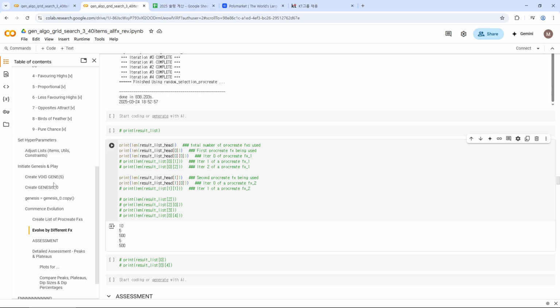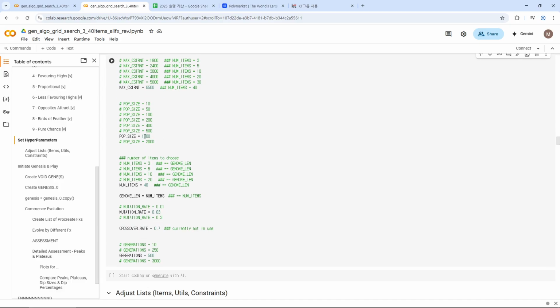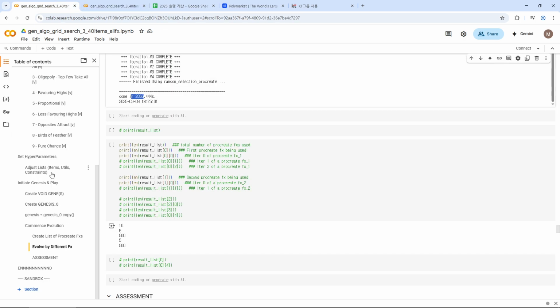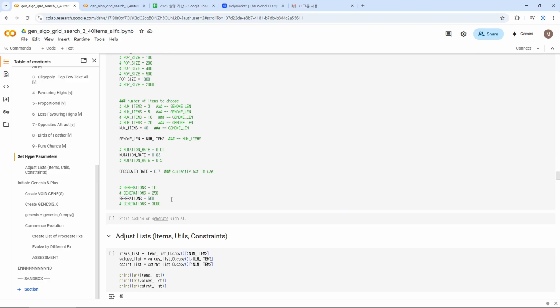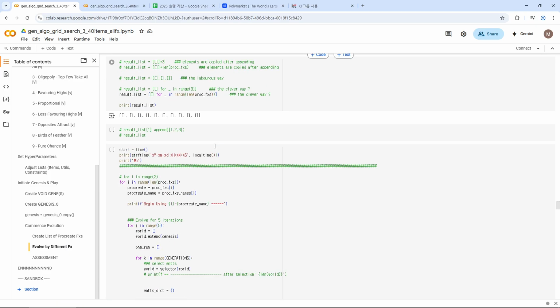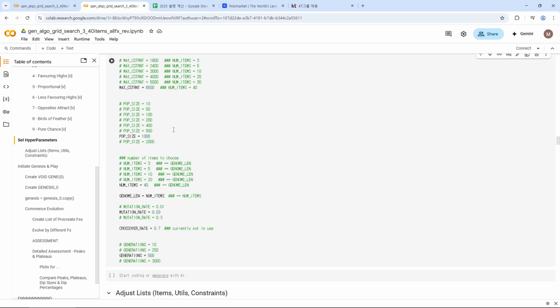So for that we look at the hyperparameters just to make things clear. The population size is 1000, whereas the generations is 500. Whereas here it used to be population size 1000 and generations 500. Huh. Maybe it was 3000 when I did that. Or it's just that I ran everything five times.